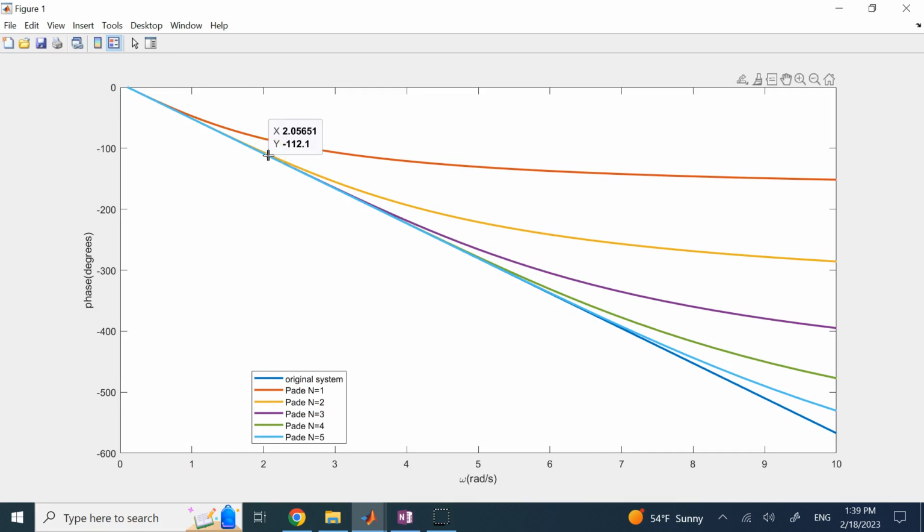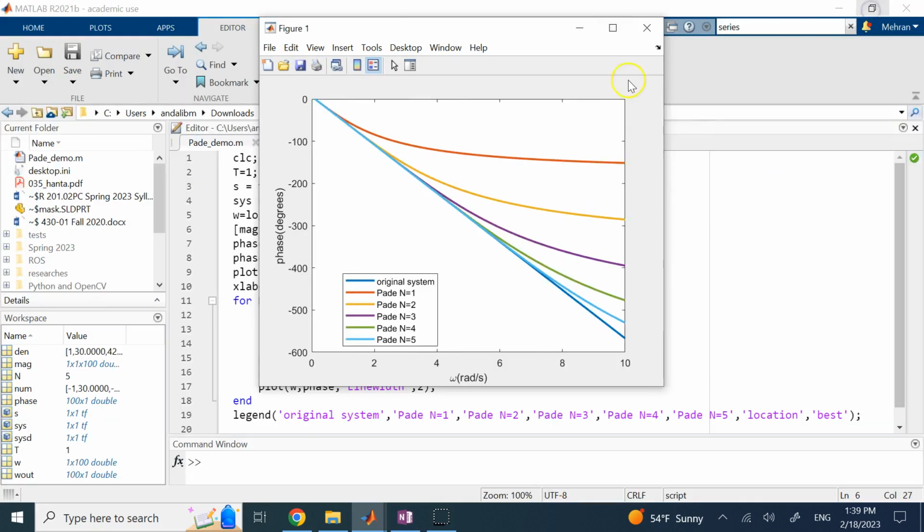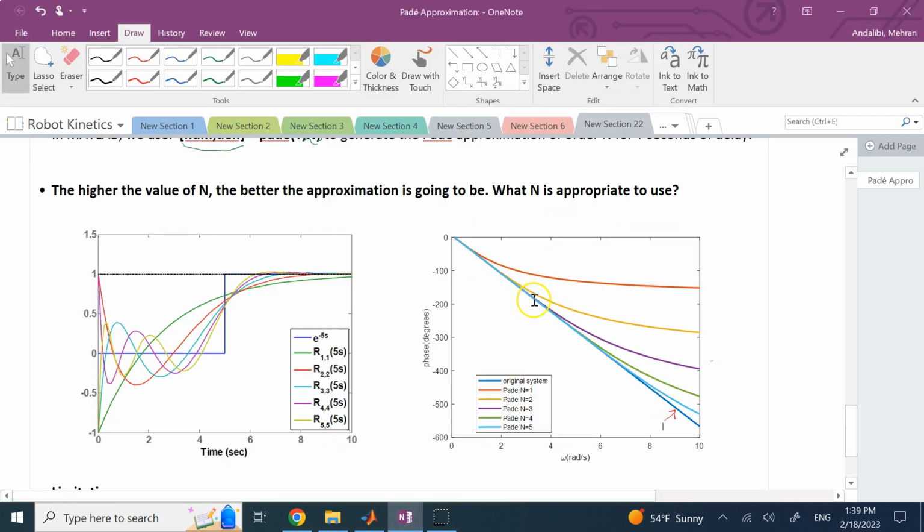The order 3 goes to 3.5, the order 4 goes to maybe 5.5, and the order 5 goes all the way to 7 radians per second. So as I said, the higher the order that I use, the closer my approximation is to the system.